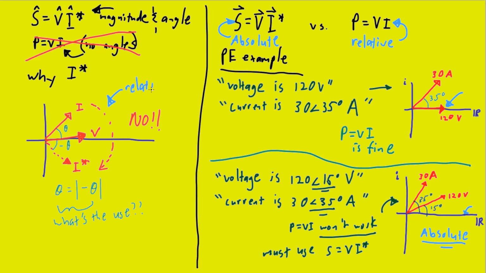So, if you're using P equals VI and entering in voltage angles in your calculations, it's very clear that you're doing it wrong.